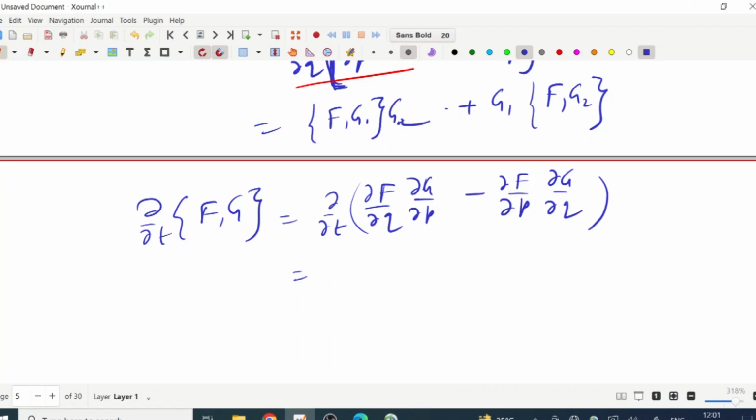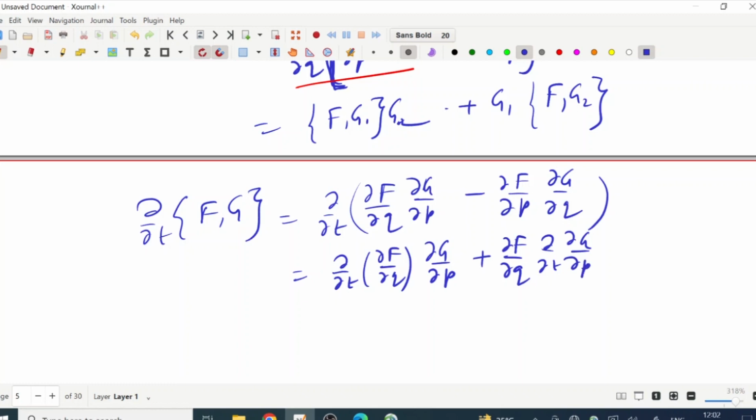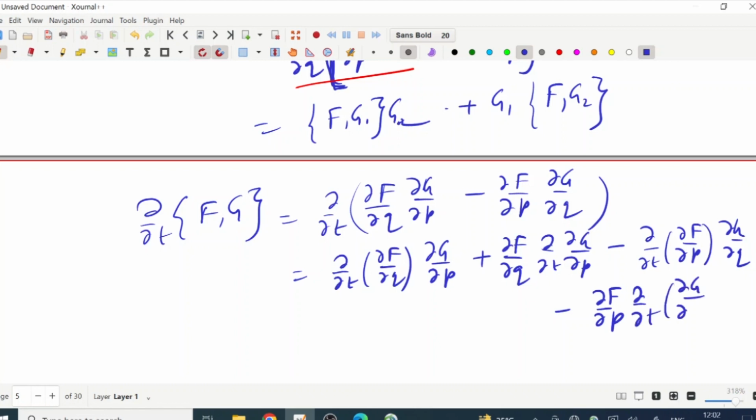We can write this as del t of del f del q times del g del p, plus del f del q times del t of del g del p, minus del t of del f del p times del g del q, minus del f del p times del t of del g del q.